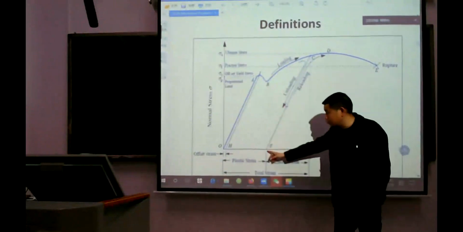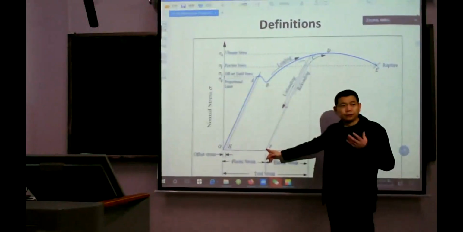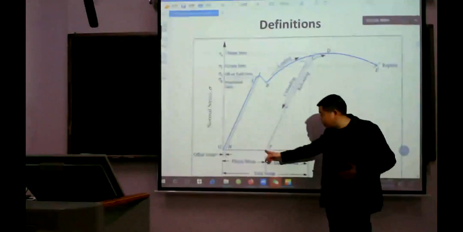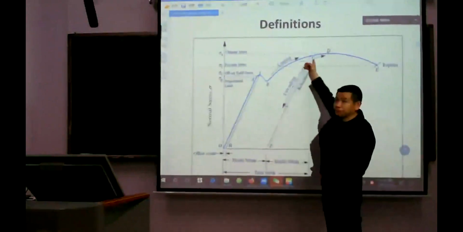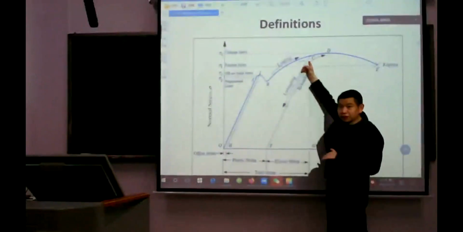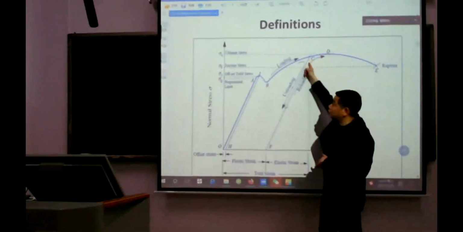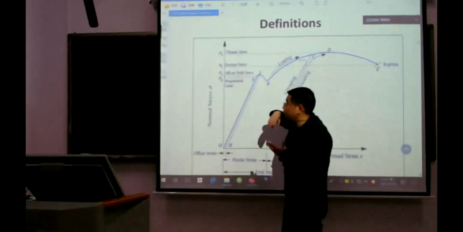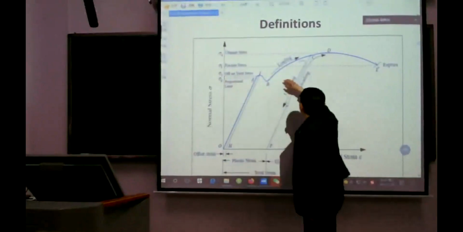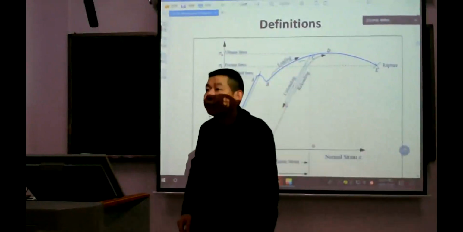When we reload it, the relationship of the strain and the stress will follow this line. This time the elastic limit is here, whereas at first the elastic limit was here. It's more than the previous one. Yes or not?